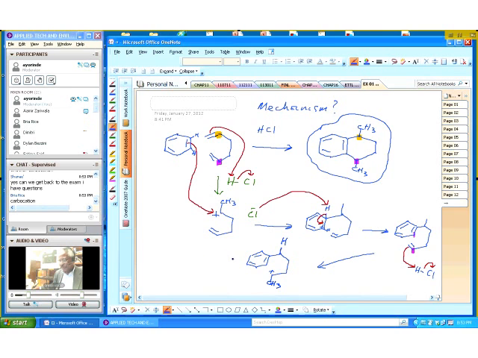Now what happens next? At this point, should I just go straight to the product? I skip the mechanism.